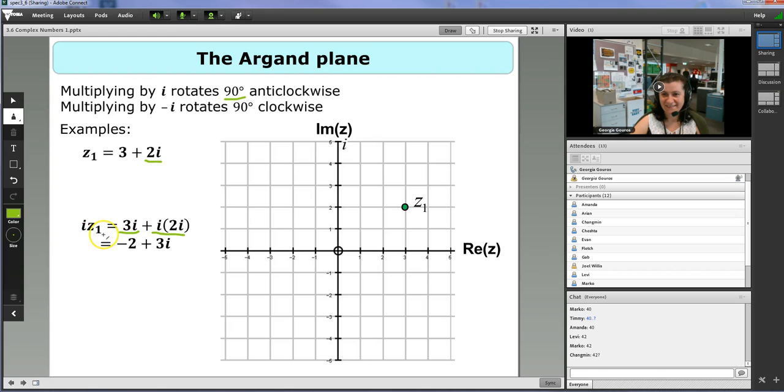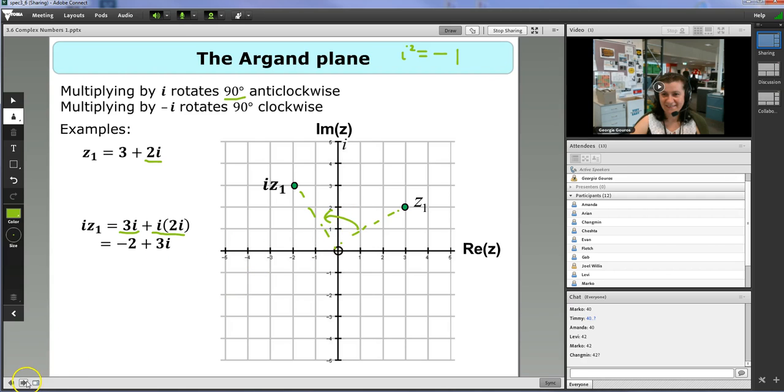So multiplying i by Z1 ends up with 3i plus 2i squared, which simplifies, because i squared is equal to negative 1, to negative 2 plus 3i. And voila, if we graph that, you see a lovely 90 degrees rotation happening here, anti-clockwise.